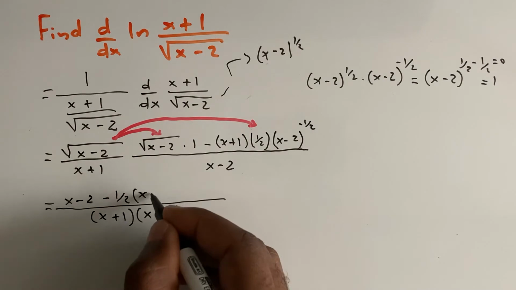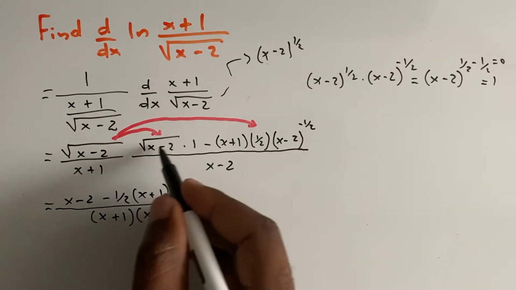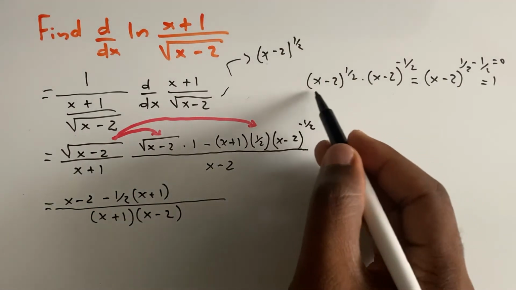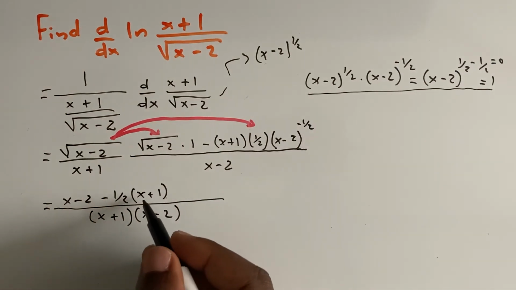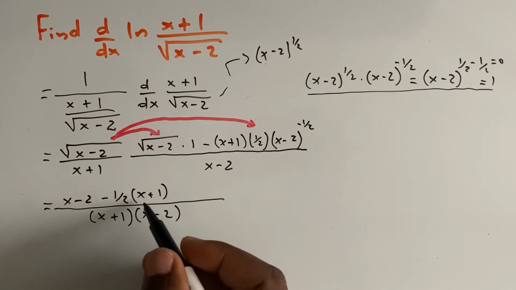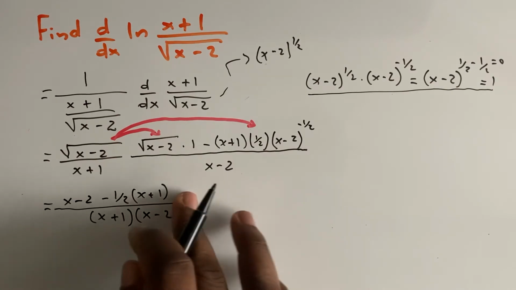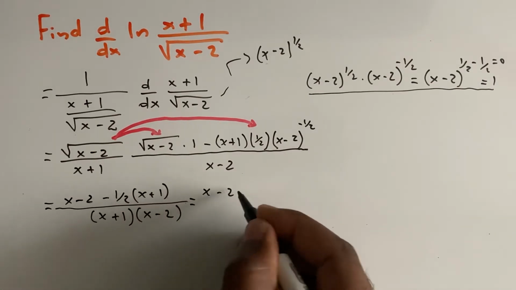times x plus 1. This part times this part gives 1, and 1 times this is the same thing, so it becomes negative half times x plus 1. Now it's easier to do.